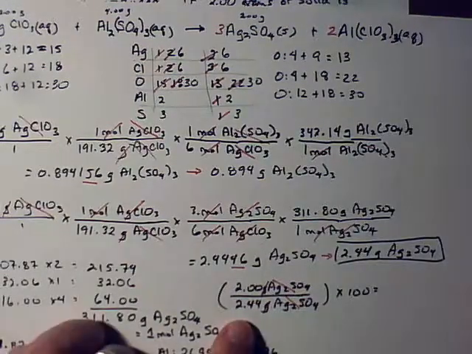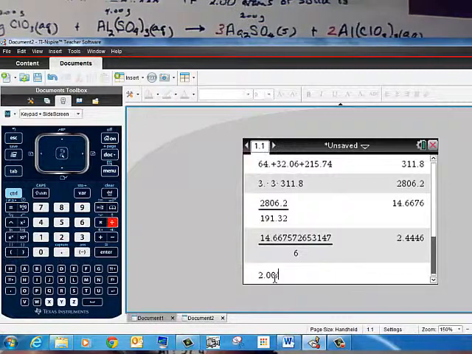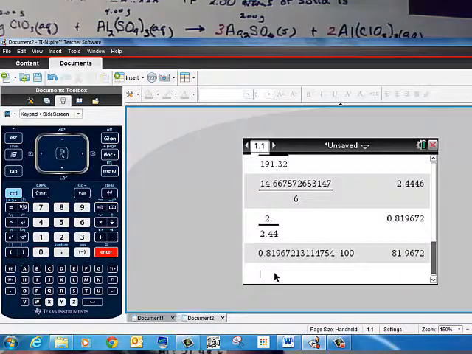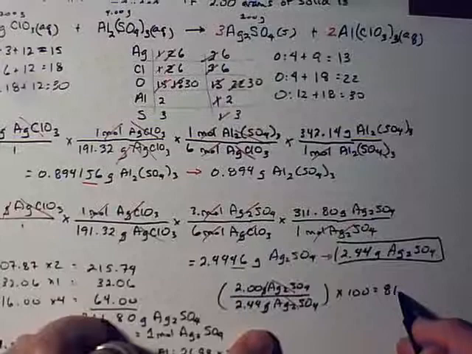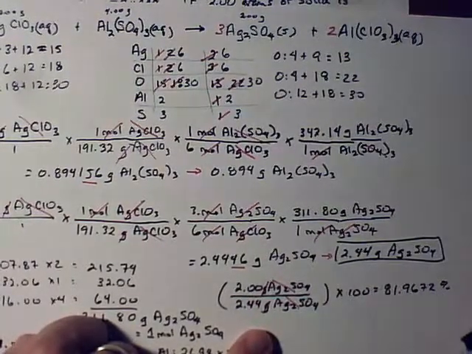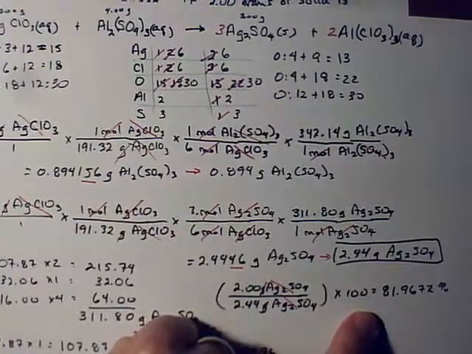All right, so we're going to do this math then. And I get 81.9672 percent. And we need to round that off to 3 digits.